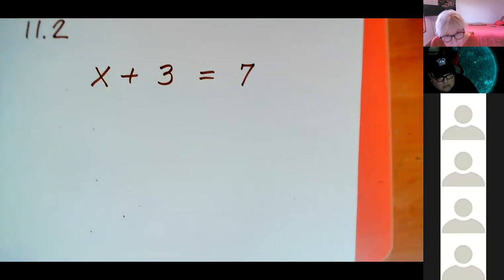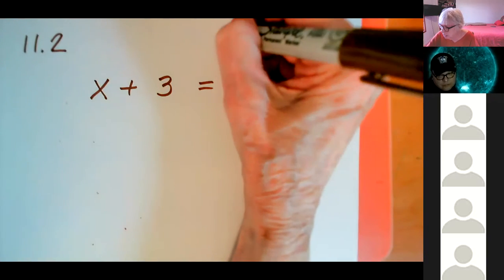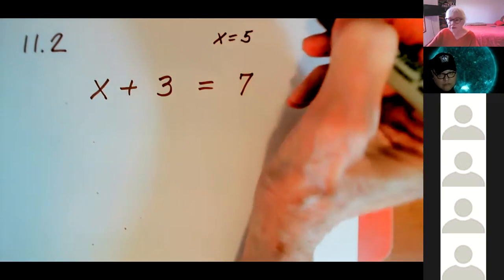But what we want will be ways to do things when the problems are not as easy to guess. And so the first job they're going to ask you to do is, if I gave you a possible answer, could you tell me if it's a good answer or not? So for instance, if I said, what about 5?